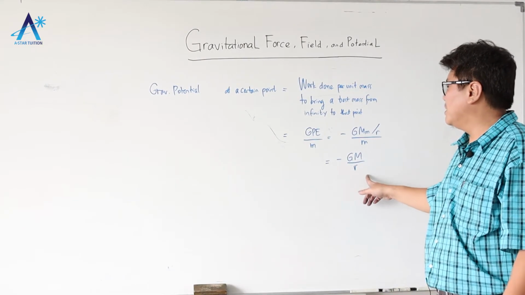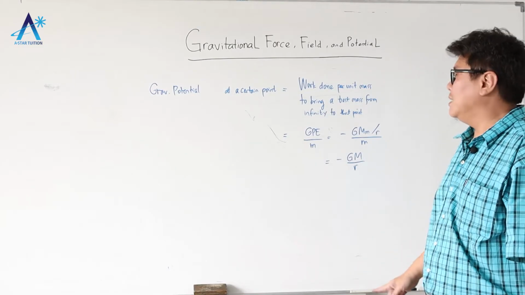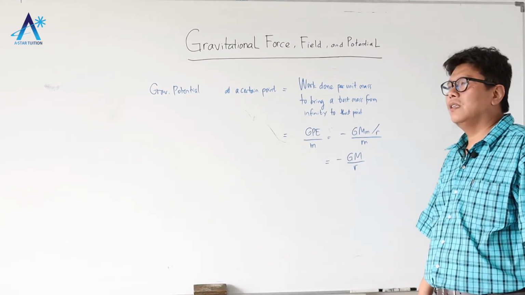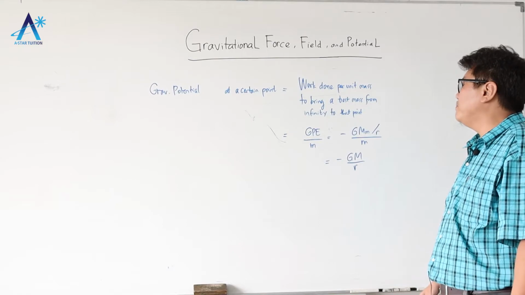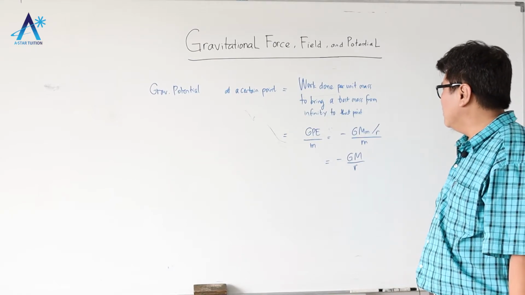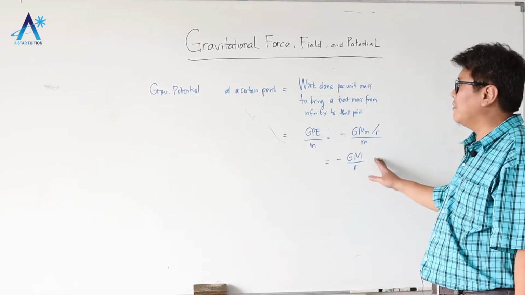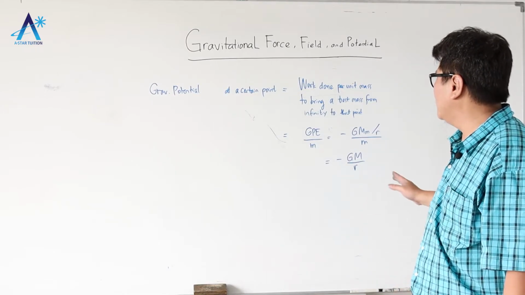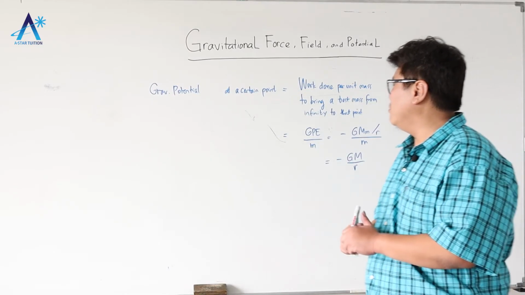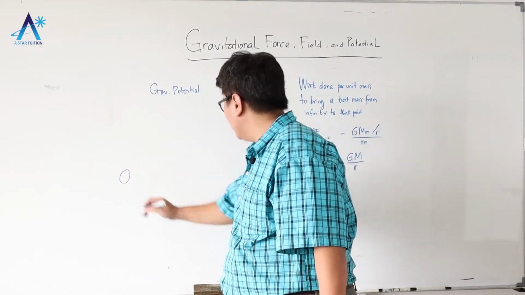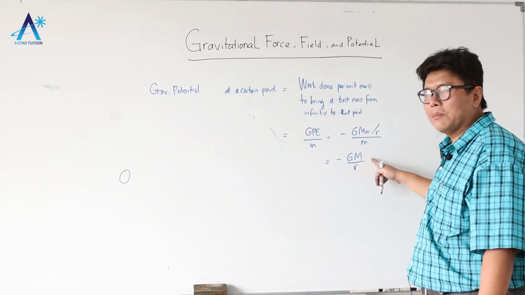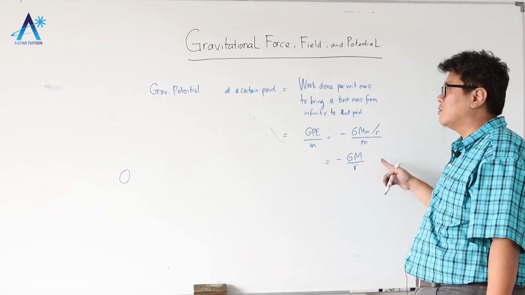Again, you can see that there is a minus sign, but the minus does not indicate direction because it's a scalar. Now, this is gravitational potential, minus GM over r. Let's say that you have mass 1. By the way, this capital M is the source mass.